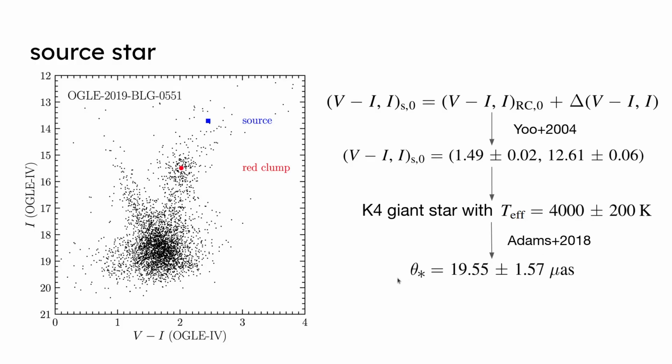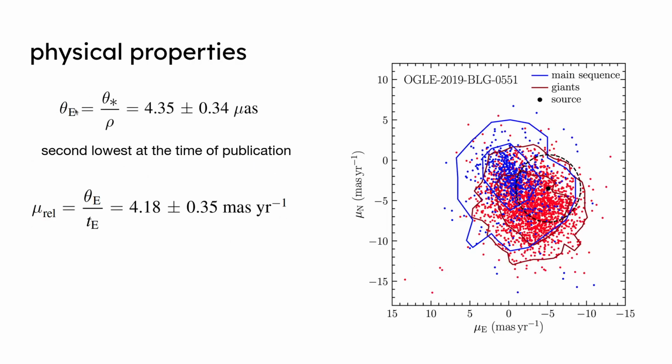And they get this value of 20 micro arc second, essentially. And now that you have it, you can get the Einstein ring, and they get 4.35 micro arc second, which, as they report, is the second lowest at the time of publication. There was only one event that gave a smaller Einstein ring.